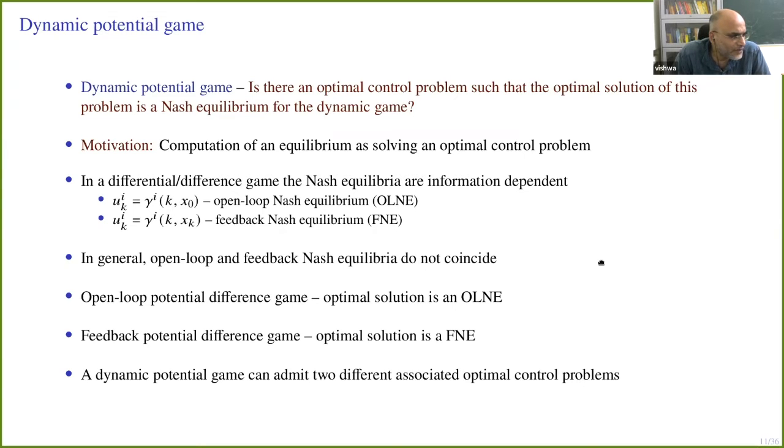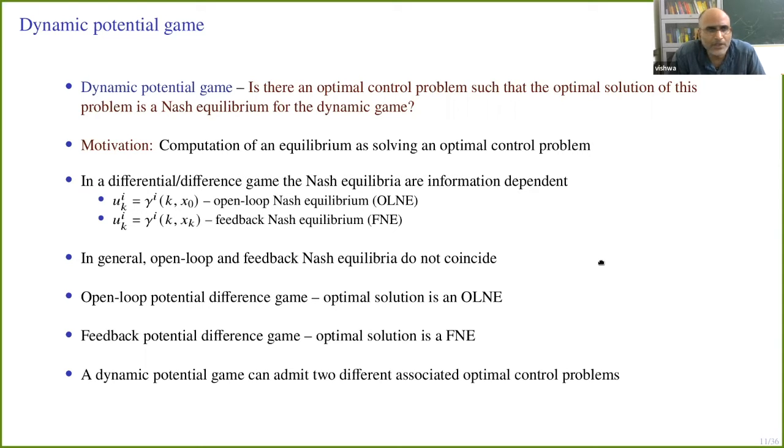So basically now, as we have seen in a static framework, a potential game is basically a way of computing an equilibrium as an optimization problem. So a natural question in a dynamic game context would be, is it possible to obtain the Nash equilibrium through an optimal control problem? But in a dynamic setting, the outcomes, that is the Nash equilibria, are information dependent.